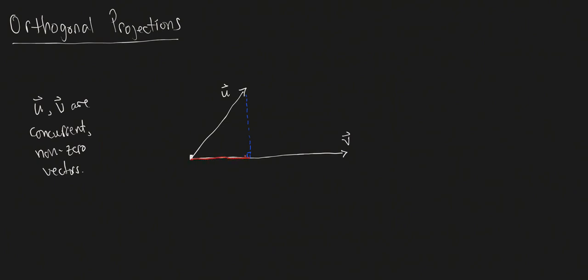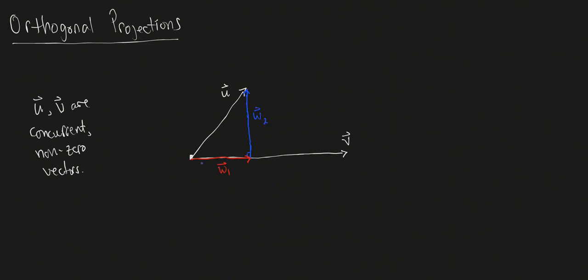So it will look like that. And I'm going to call it w1, right? And then the other vector that will be perpendicular to v will be that one that I actually have there in blue. So it'll be this vector, and it will go this way. I'll call that one w2.